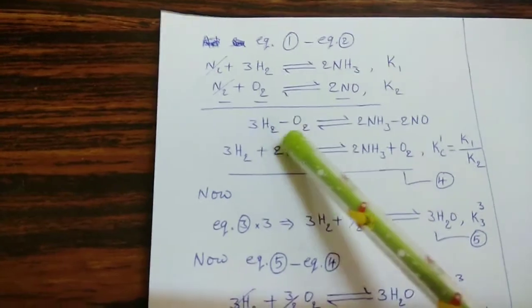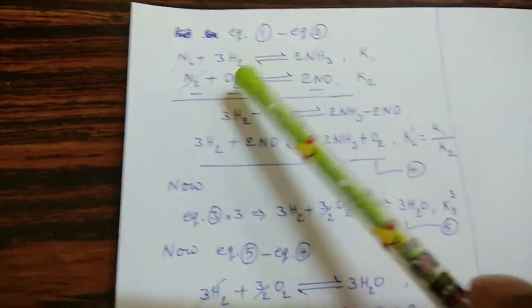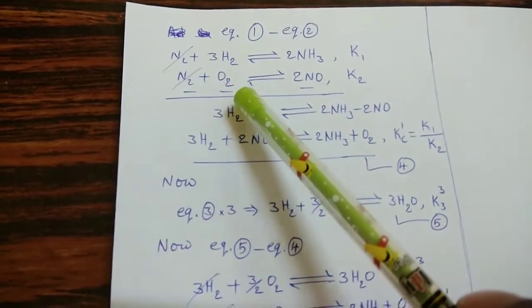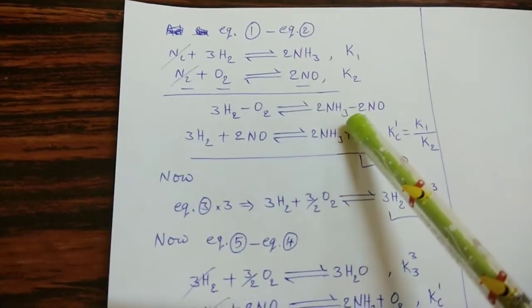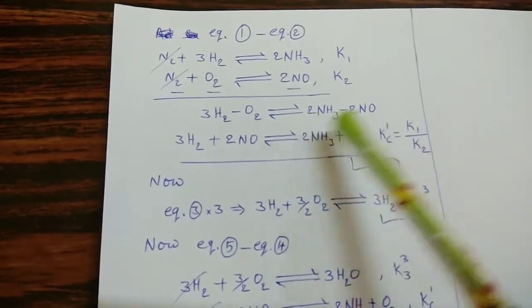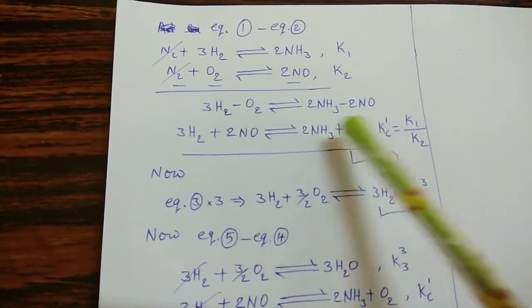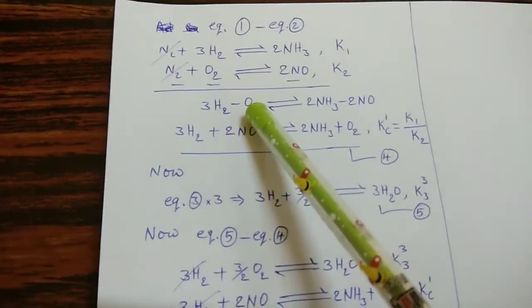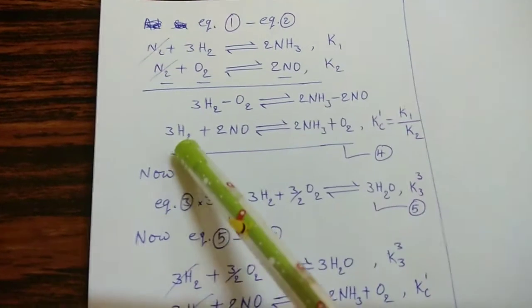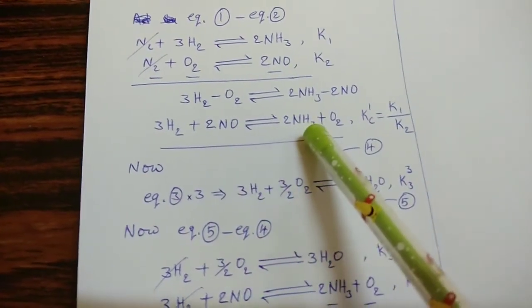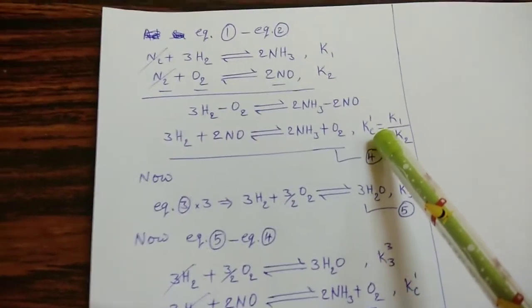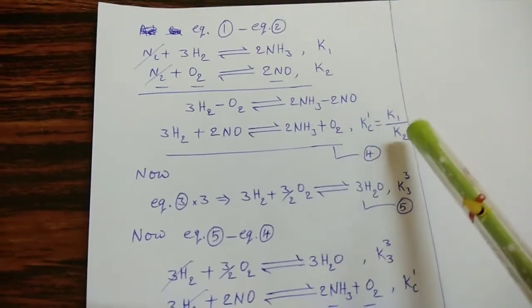Minus. These two get cancelled. 3H2 minus O2 on this side, 2NH3 minus 2NO on this side. Now, bring the 2NO to this side and O2 to this side, then it becomes plus. So 3H2 plus 2NO gives rise to 2NH3 plus O2. Kc prime equal to K1 by K2.